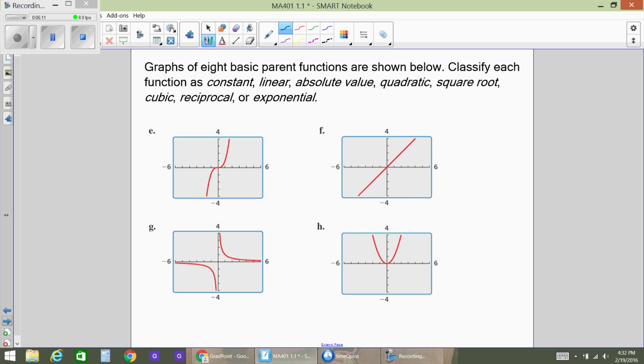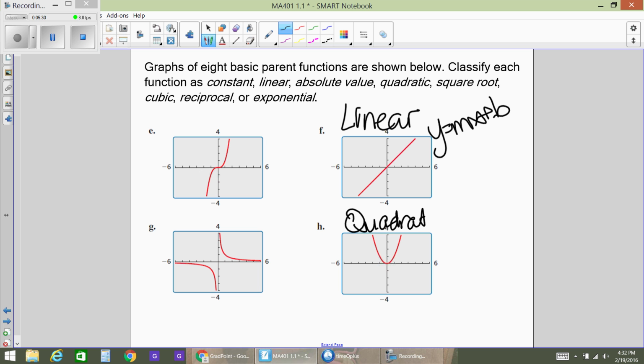All right, for our second page here, let's go with what we know right away. Here's linear function. It's a line. You want to be thinking y equals mx plus b. And here's a quadratic. So you're thinking x squared. Now, these other two you might not recognize.